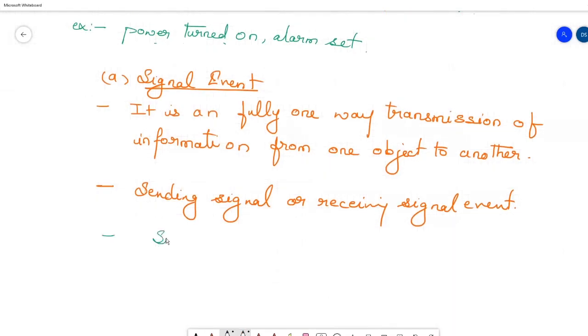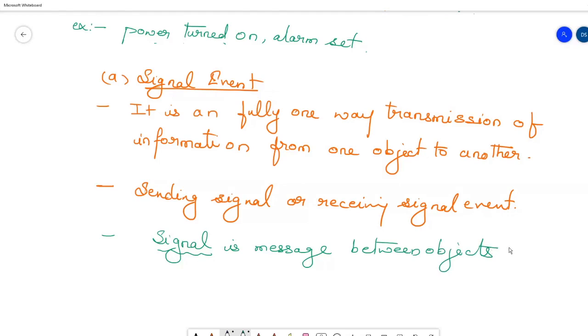Signal can be defined as a message between objects, while signal event is an occurrence in time. Let's take an example, then it would be clear.